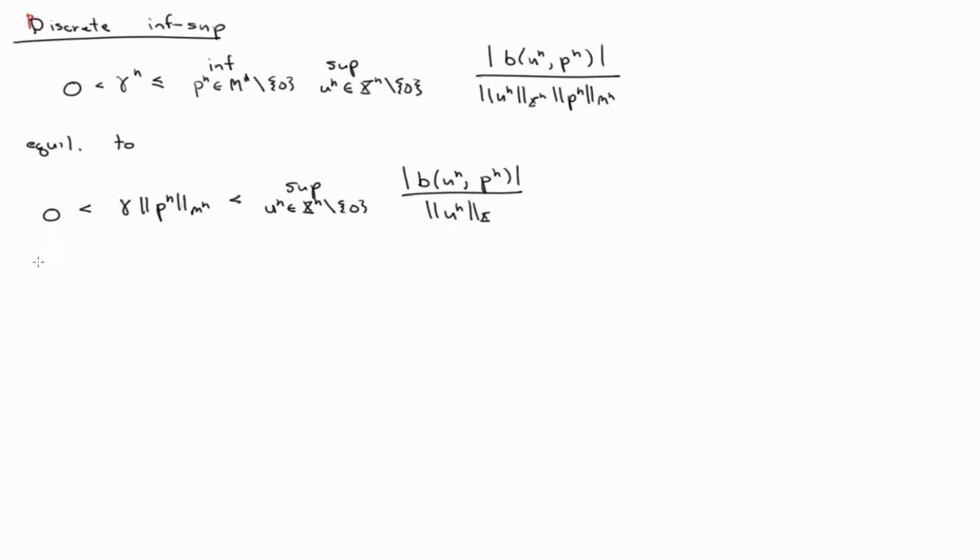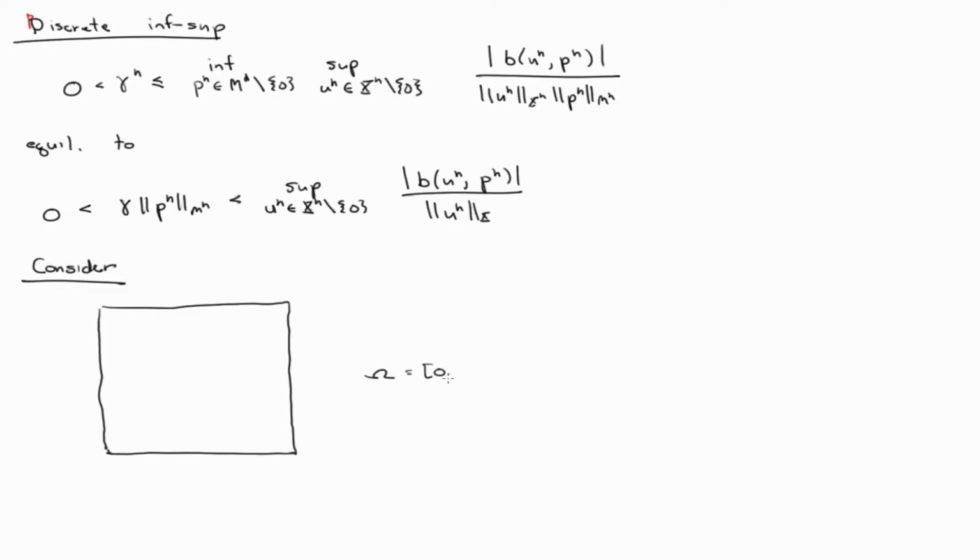And so let's consider the 2D domain. Our domain doesn't really matter, but we can say it goes from 0 to 1 in the x and y directions. We're going to partition the domain into a set of finite elements of equal size, perfect squares essentially, where the width and height is h.